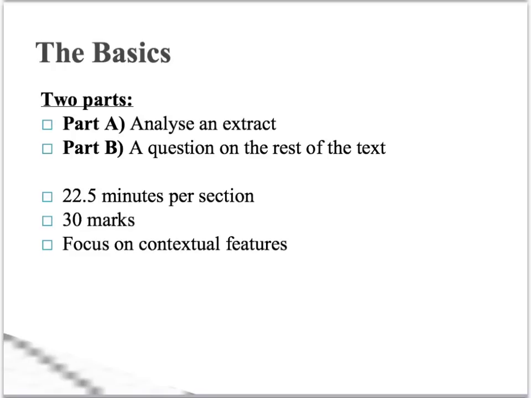Okay, so section B of this exam is 45 minutes in total, which means that for each part of your Of Mice and Men section, you've only got 22.5 minutes, and it's really important that you keep a really close eye on this. The temptation is to get stuck into part A and time runs away with you.